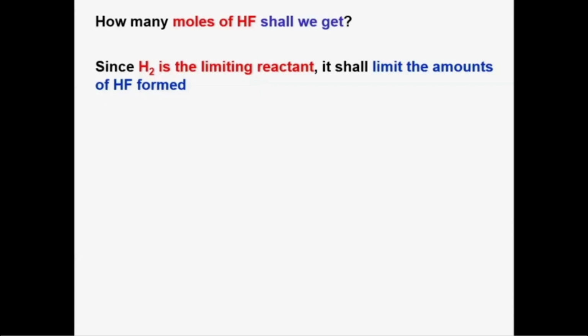But since we only have 3 vanilla flavored creams, we can only make 3 sets of Oreo sandwich cookies, because the vanilla flavored cream is the limiting reactant. So we can only get 3 sets and not 4. Let's get back to hydrogen and hydrogen fluoride.